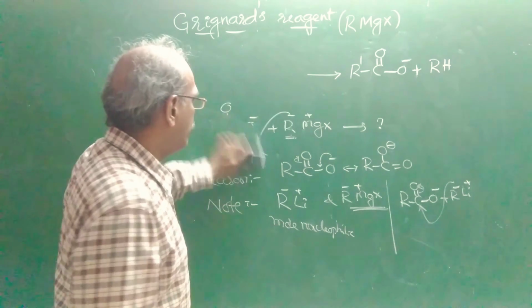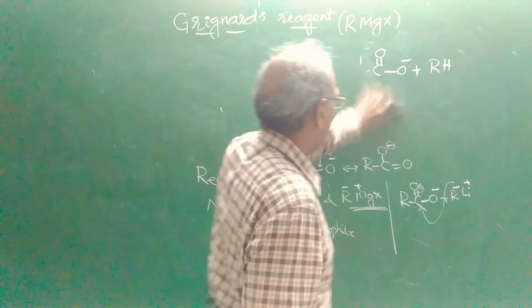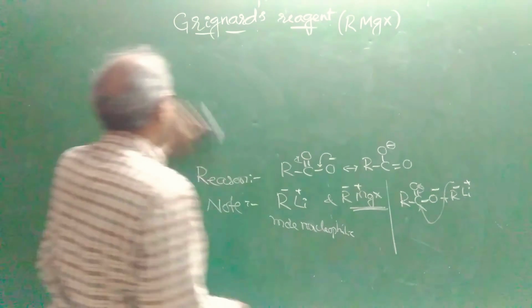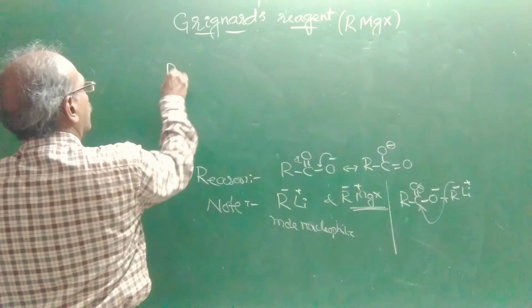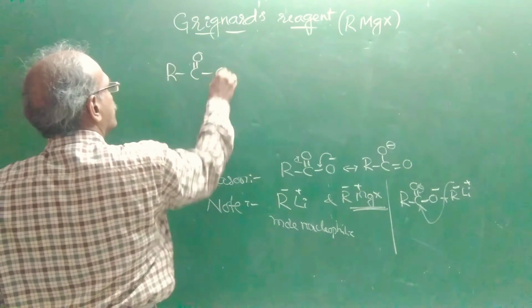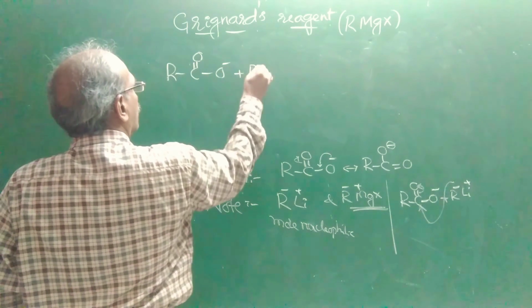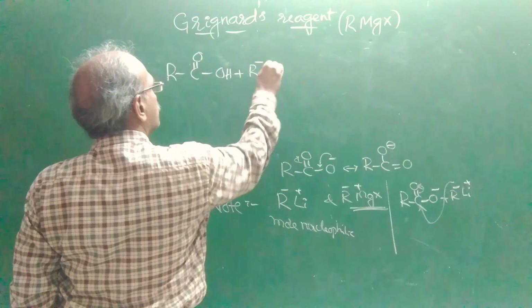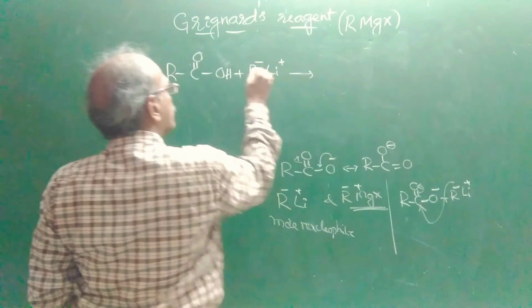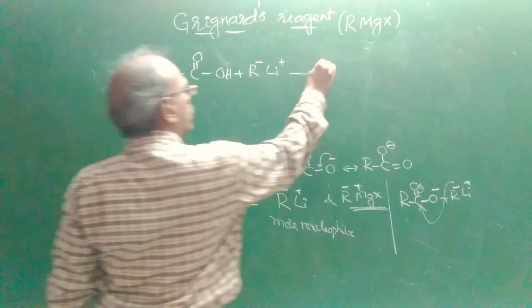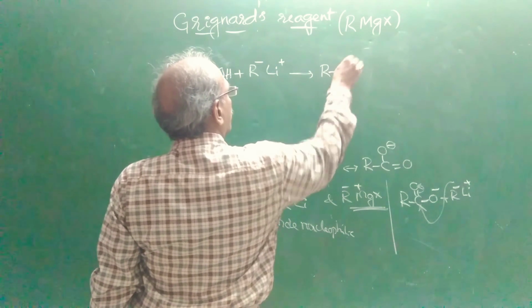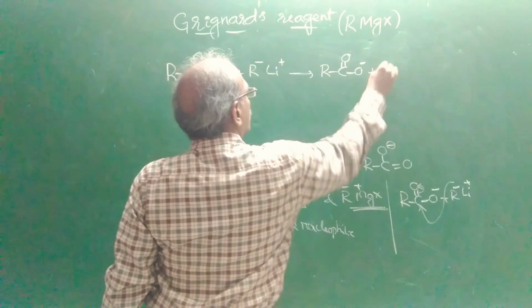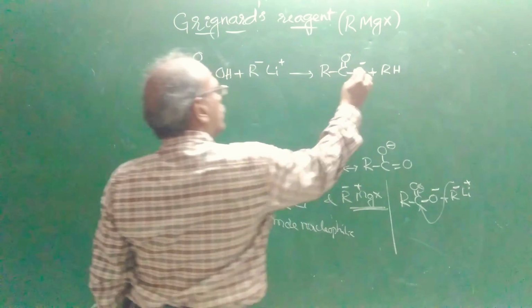Now let's complete the reaction with alkyl lithium. Let's start with carboxylic acid, this is a different case. Again R minus with acidic hydrogen, so first we get RCOO minus plus RH, of course here Li plus ion.